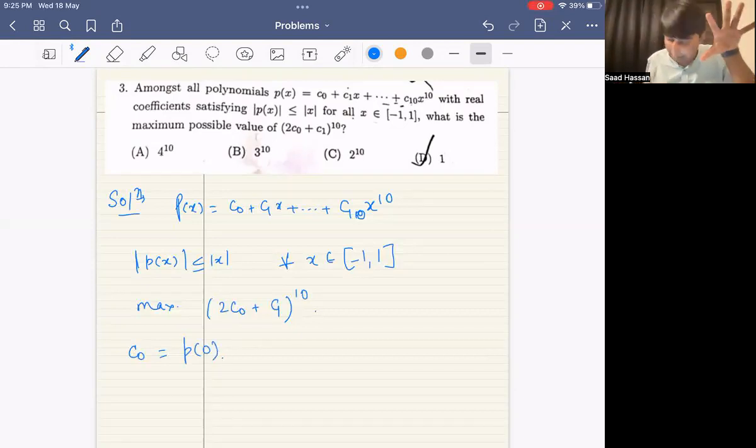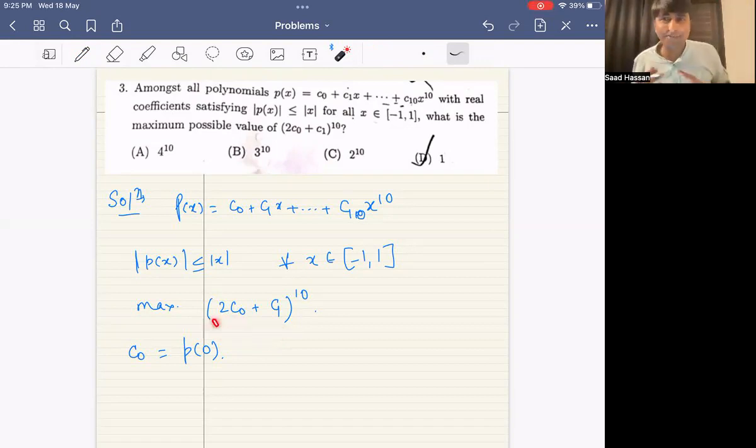Because one of the ways to solve this problem could be that we'll be able to find the value of c0, we'll be able to find the value of c1, and then we'll be able to find this value. But in that case, the idea that this will have a maximum value doesn't make sense. So I'm hoping that either we are going to find the value of this whole number, or we'll be able to find a suitable bound on this number.